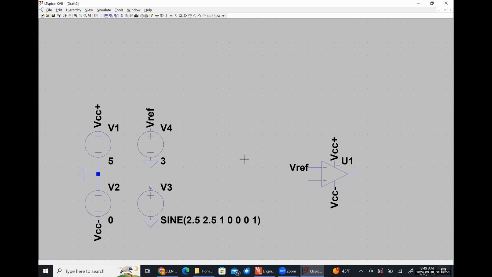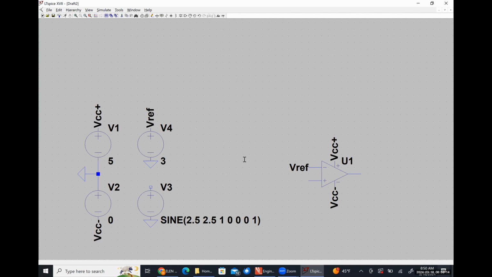One thing that I want to note here: the positive supply terminal is on the inverting input terminal side of this op-amp model. The negative supply voltage is on the non-inverting input side. I don't know why they chose to do it that way, but they did. So just make sure that your positive voltage is always on the plus sign, your negative voltage is always on the minus sign there.